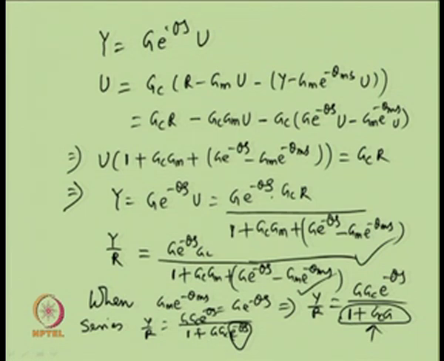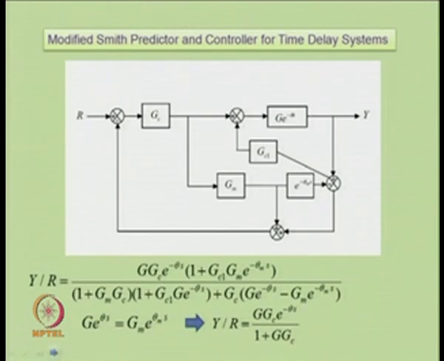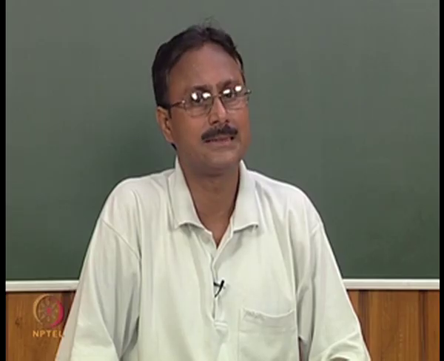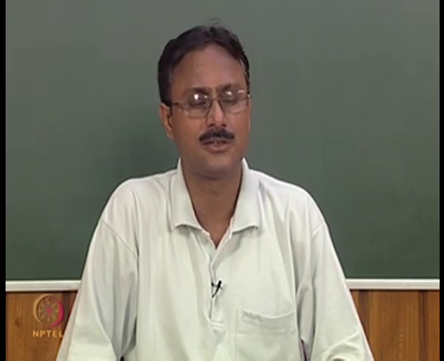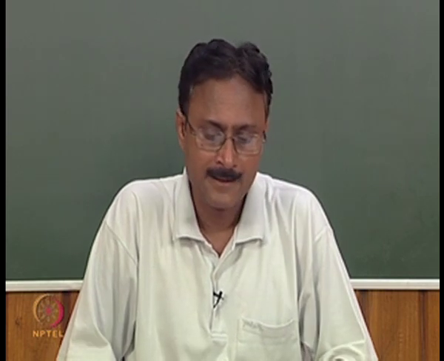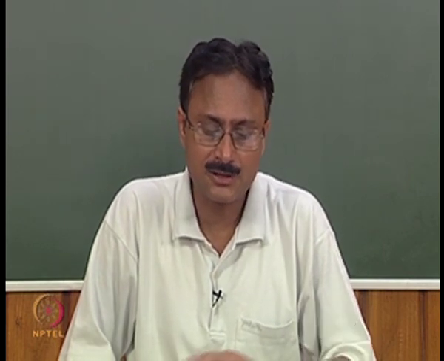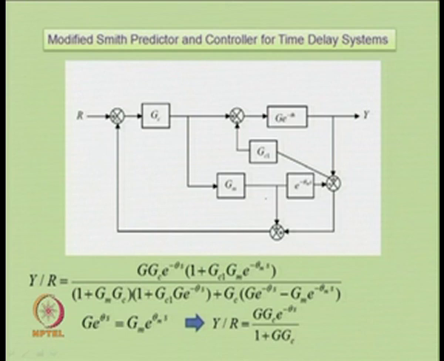We shall see any other type of Smith predictor controllers we have. Over the years, many Smith predictor and controller schemes have evolved to take care of the deficiencies with the conventional Smith predictor controller schemes. This control scheme introduces another controller apart from the main controller G C, which is in the feed forward path.